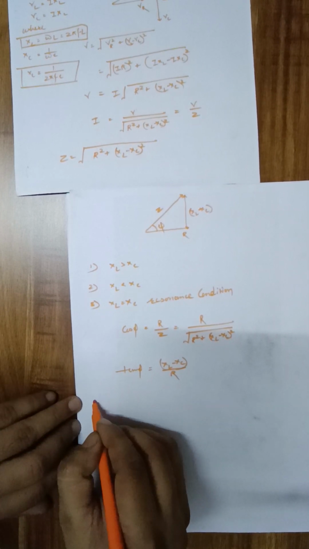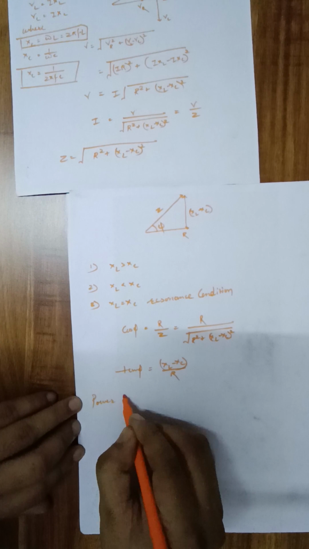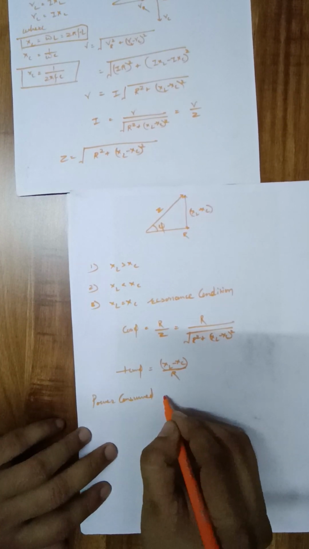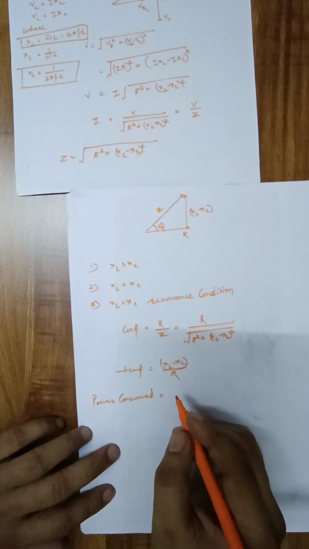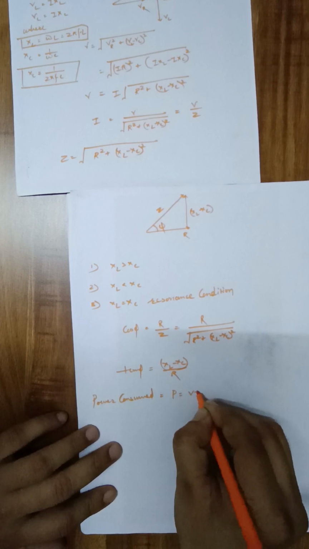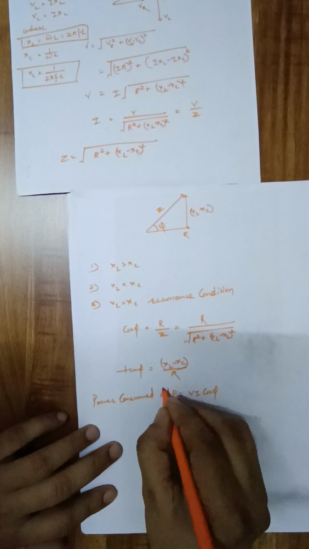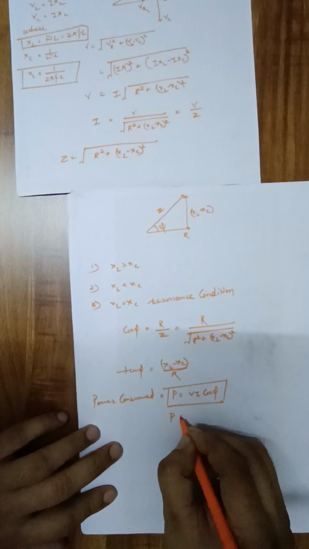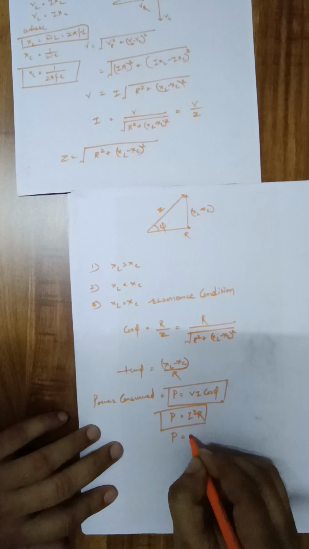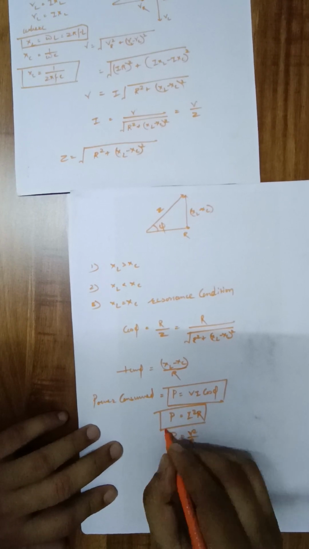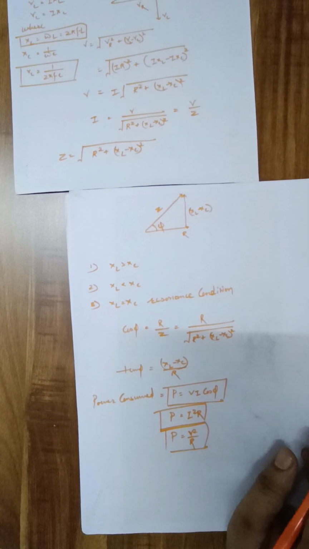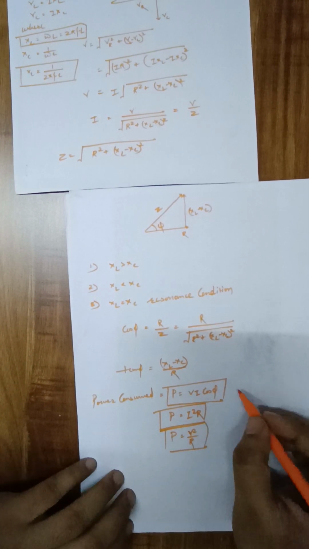And what will be the power consumed? As we have previously discussed that power will get consumed only in resistor. So power will be equal to VI cos phi, okay, or I square R, or V square by R. So it will be the significance of all the parameters.